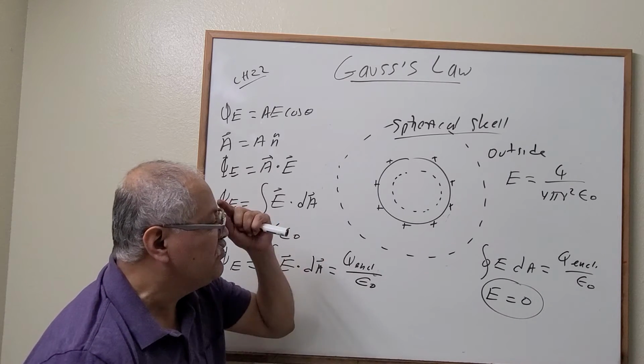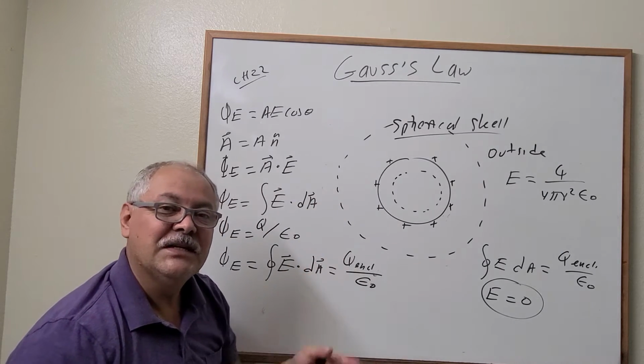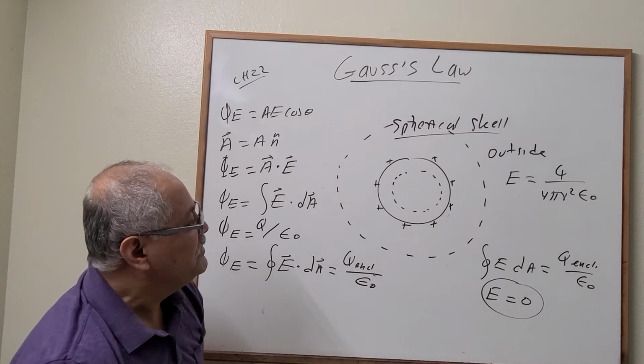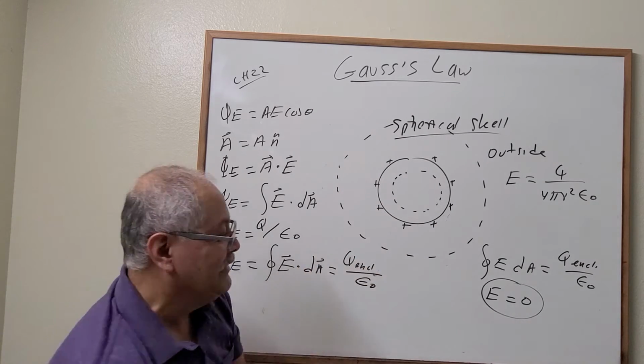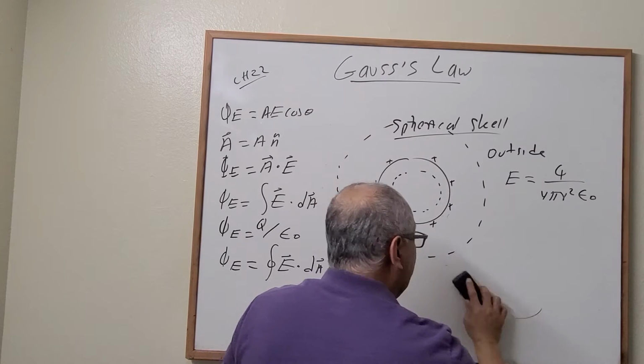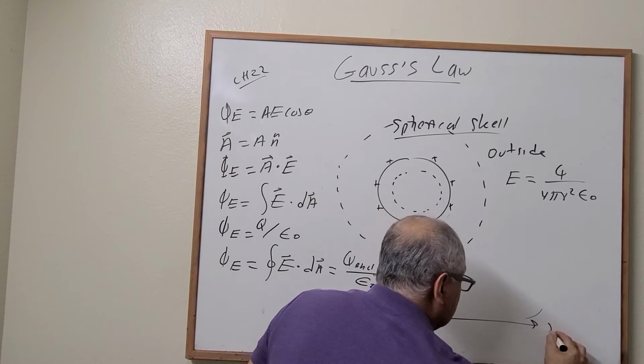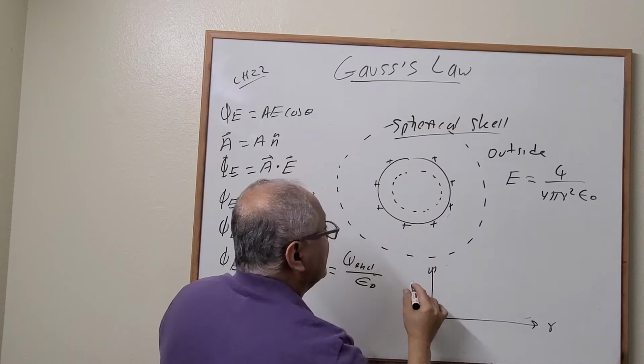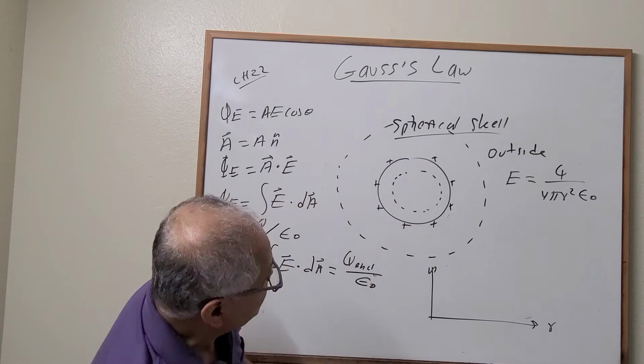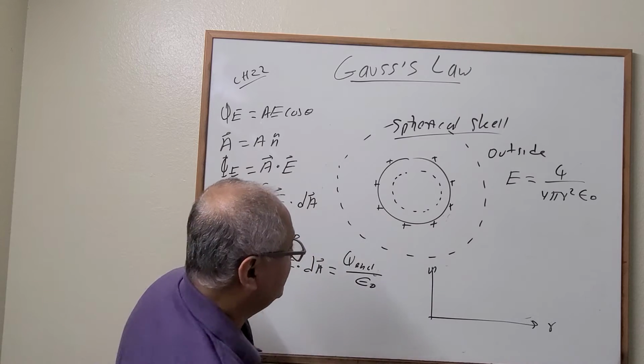Now let's make a graph that represents the behavior of the electric field inside and outside. Inside we found that it is zero. So let's represent it. This will be the distance r, and imagine this goes through the center.